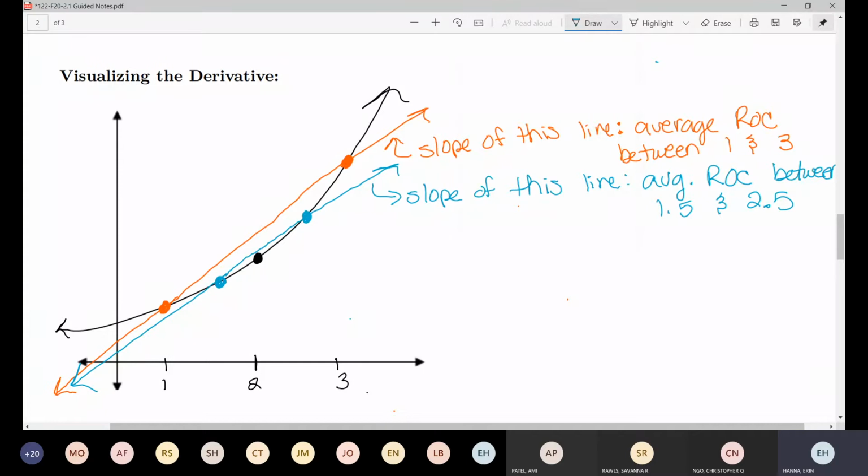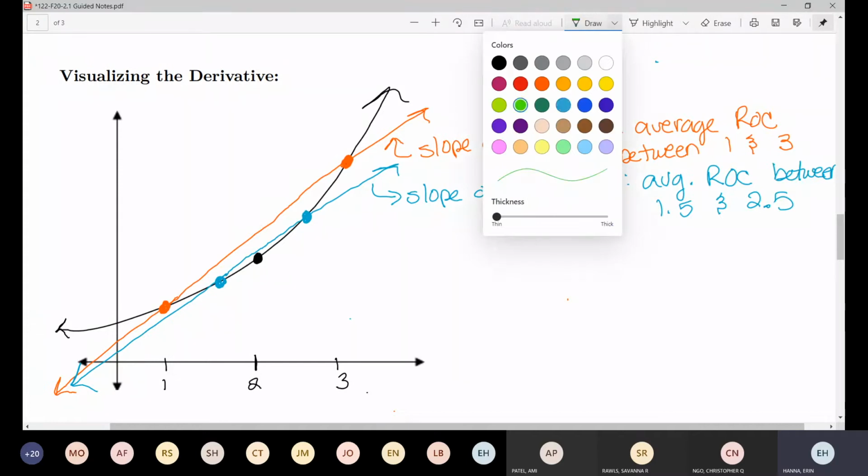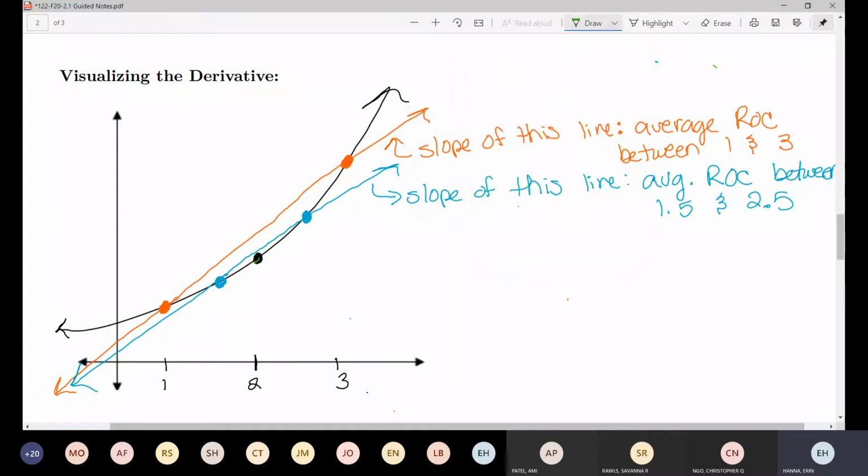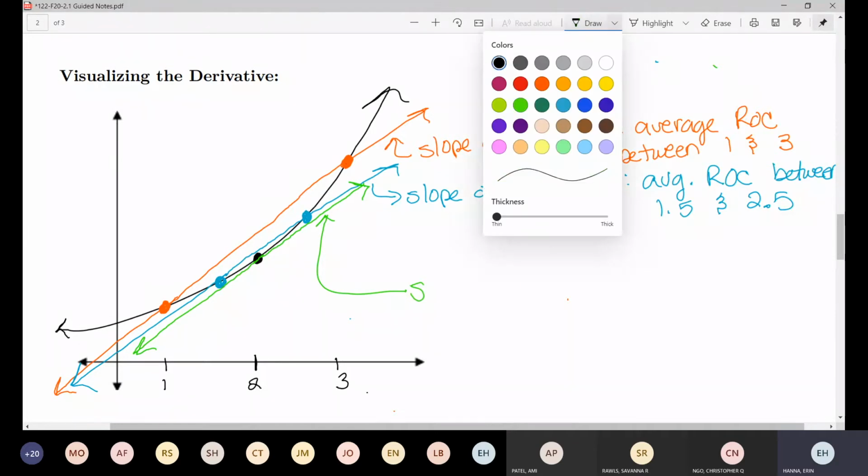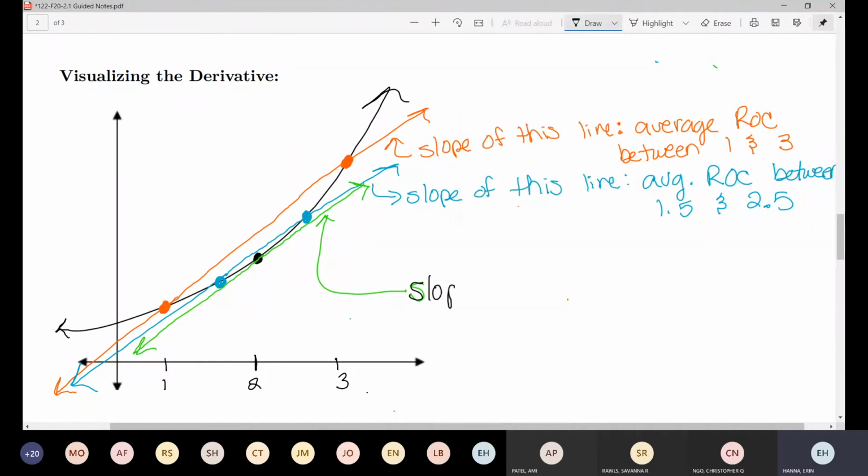Because here's the thing that I actually want. Green. What I actually want would be the slope of this line here. And let me write the words in black because that green's a little bright. The slope of this line here would be the instantaneous rate of change.